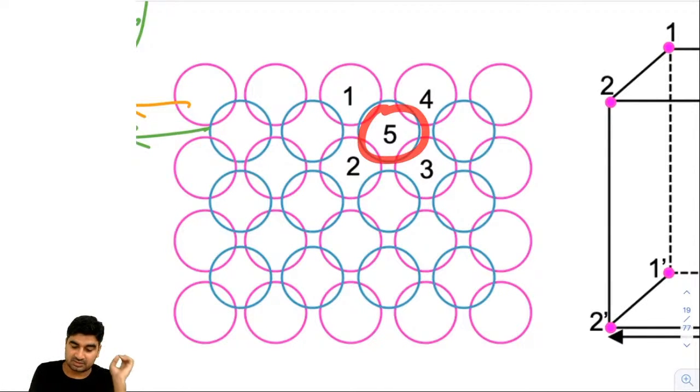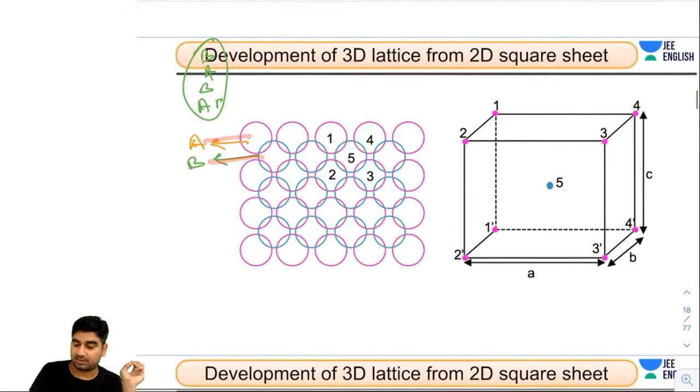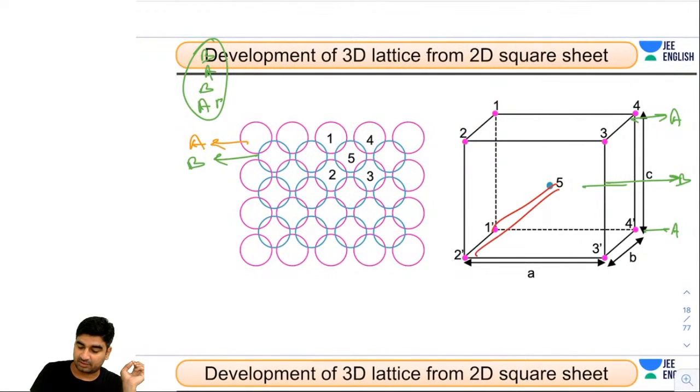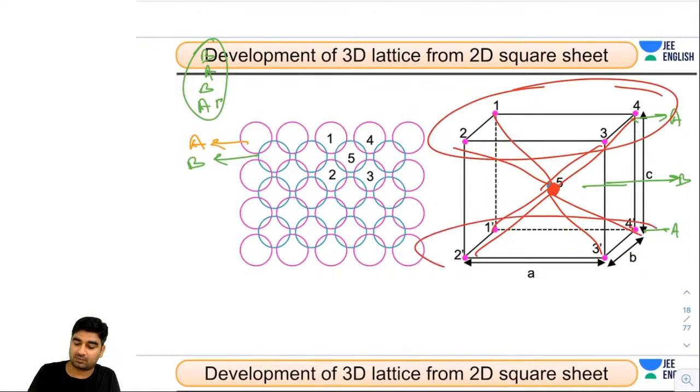So this sphere 5 is touching 1, 2, 3, 4, and if this is layer A and this is layer B, there would be again a layer A. If you connect them, it would be like this, and you can again get it from here. So sphere 5 is touching 8 spheres, 4 in the top layer and 4 in the layer below.